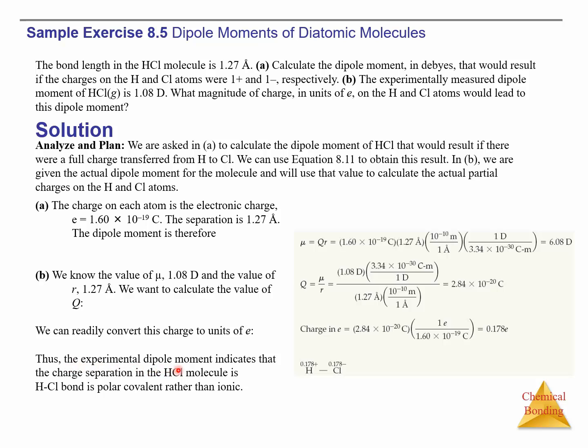So thus the experimental dipole moment indicates that the HCl bond is polar covalent rather than ionic. So here, the partial positive is 0.178 and the partial negative is 0.178. So we conclude that the HCl bond is polar covalent rather than ionic.